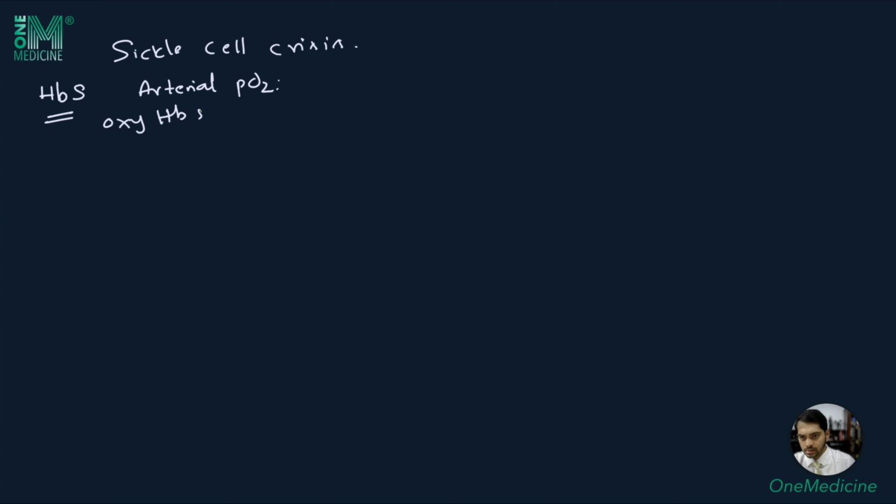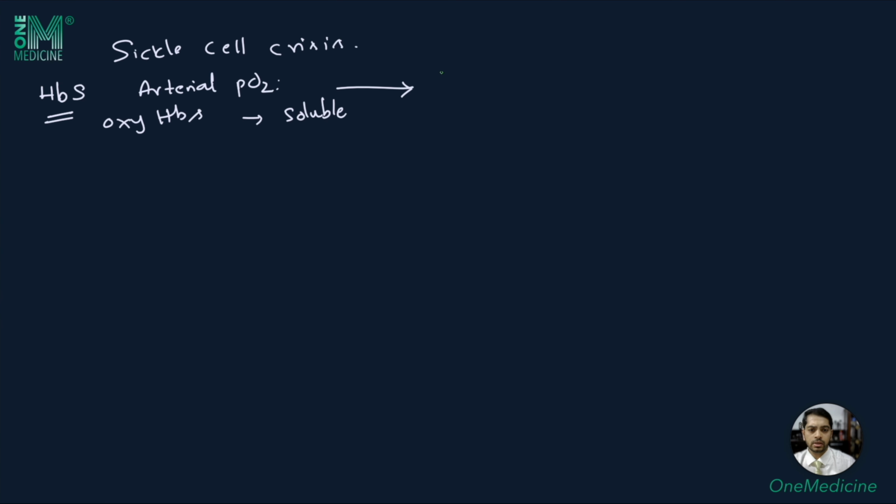Let's look at the pathophysiology of sickle cell crisis. The hemoglobin of sickle cell disease is written as HbS. So in an arterial PO2, the oxyhemoglobin or oxy-HbS is soluble.